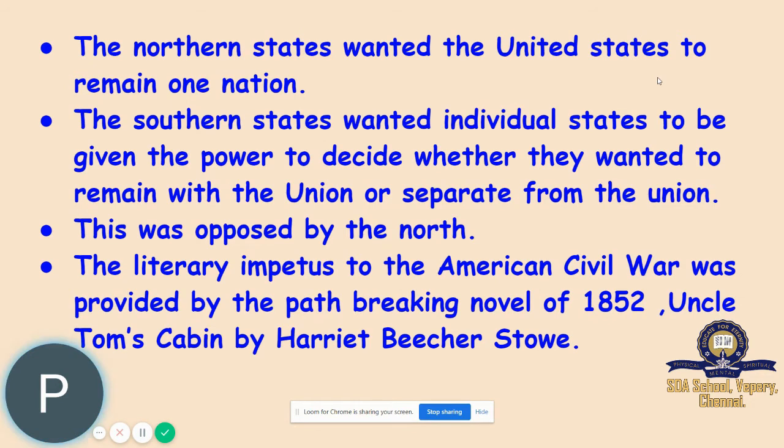This was opposed by the North. So again there is a clash between North and South. The North wanted to remain one, but the South was not ready for that.